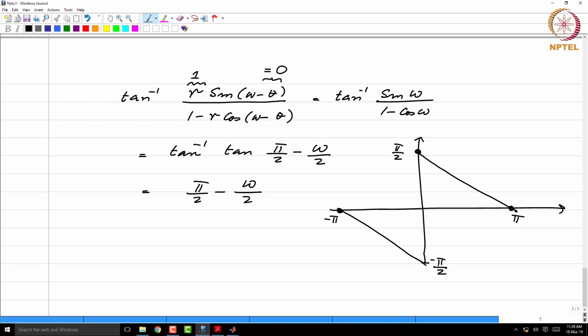And from this, the inferences you can draw are: when the 0 is on the unit circle, you see a phase jump of pi. Remember, this difference is precisely pi.